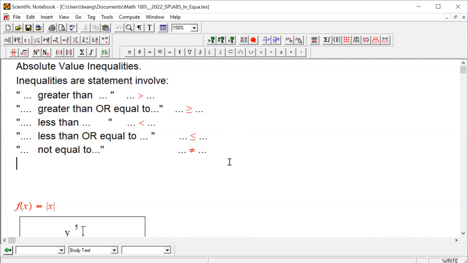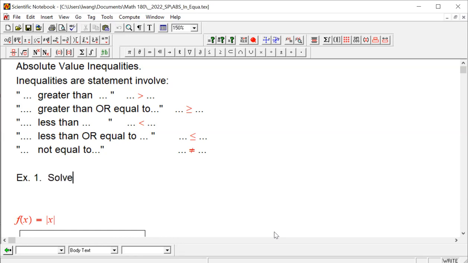Once again, you have seen inequalities. Here, I will give you not only the definition perspective but also the function perspective. Let's look at some examples. Example number 1: the question would typically say solve for x, and you'll be given an inequality.